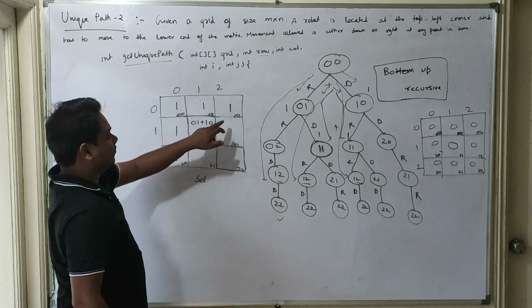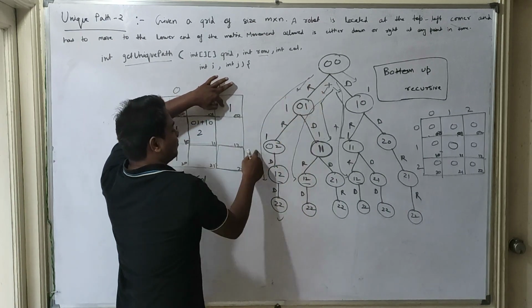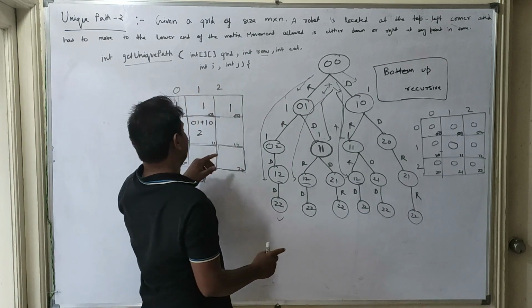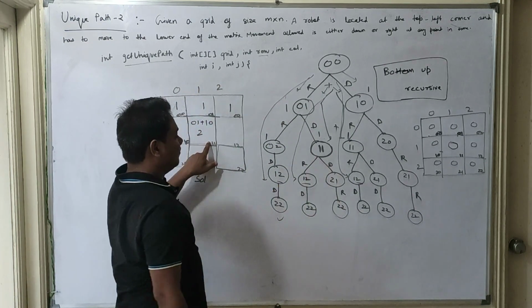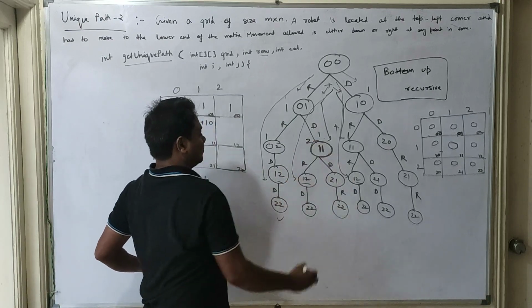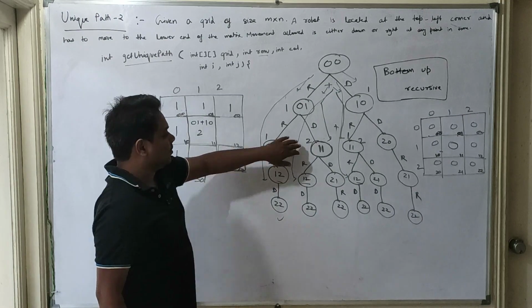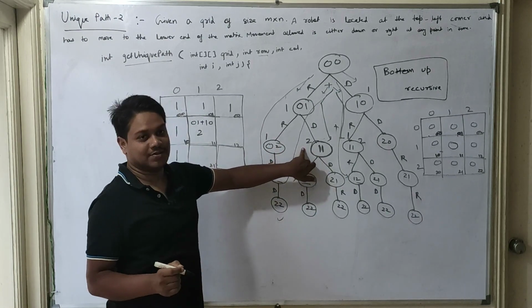Again, for 0 2 we know how many possible paths there are to reach it. Only one. From 0 0 to 0 2 there is only one path. Now to reach 1 1, we already know the number of possible paths, that is 2. From 0 0 to 1 1 there are 2 paths.